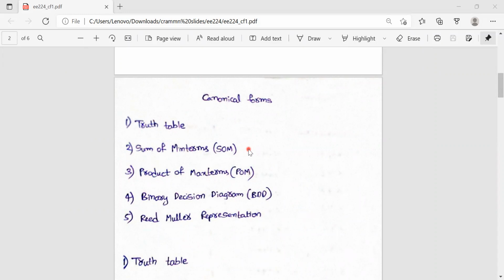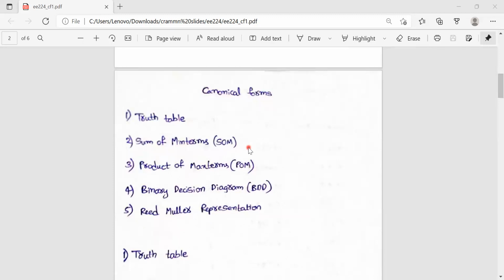How to represent this expression, and how to express and represent any function using the different forms, is known as the canonical forms. The definition of canonical forms is: for a given expression or a function, if you represent it in canonical forms, there is only one truth table for an expression.